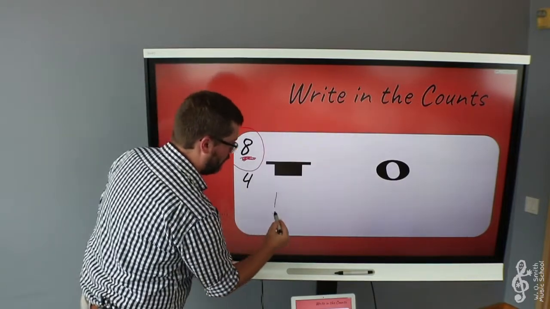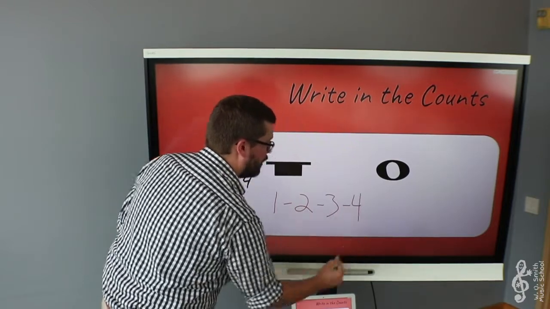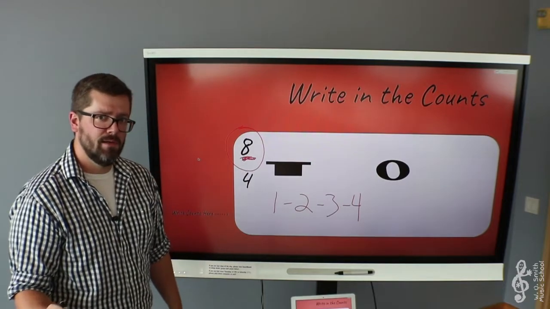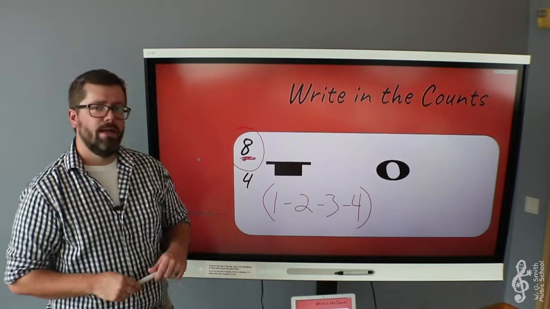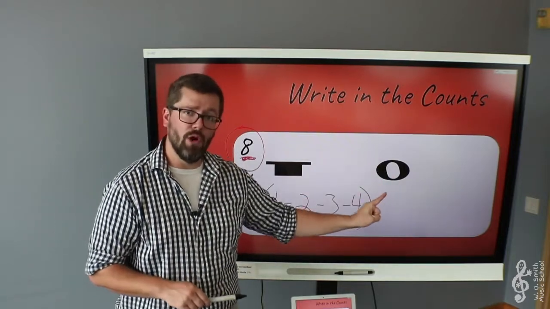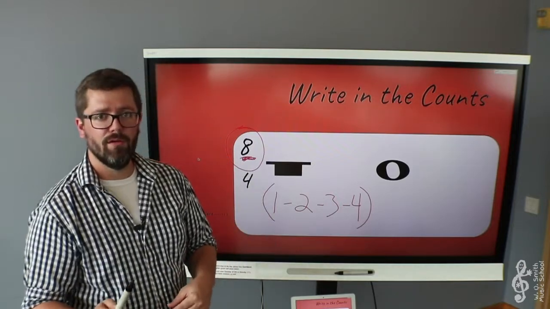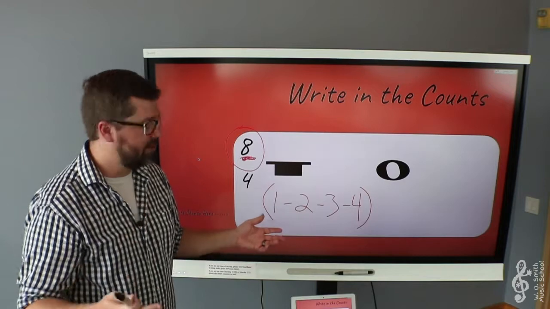So we have 1-2-3-4, but it's a rest. So what do we do for rests? Put them in parentheses. Okay? Over here we have a whole note, right? Whole note is a sound that is worth 4 beats. But what beat does it start on? How do we know which beat to start on?